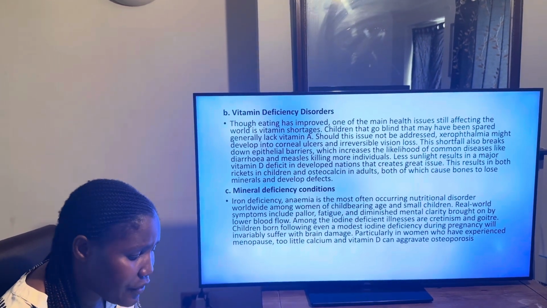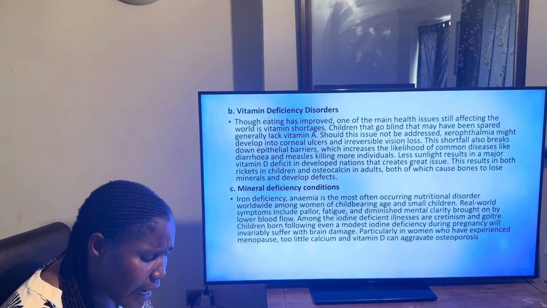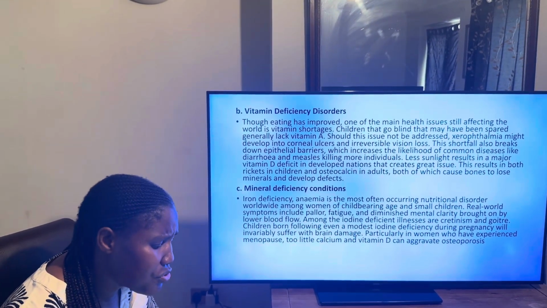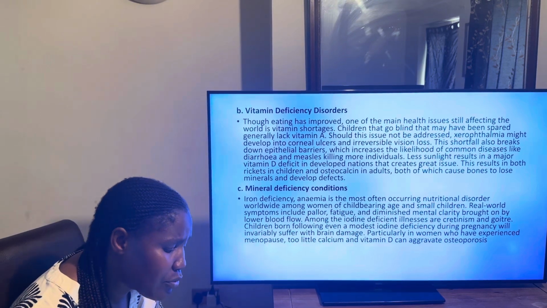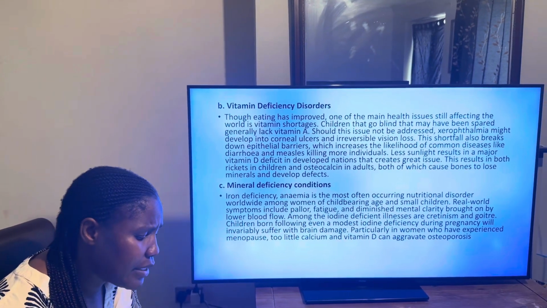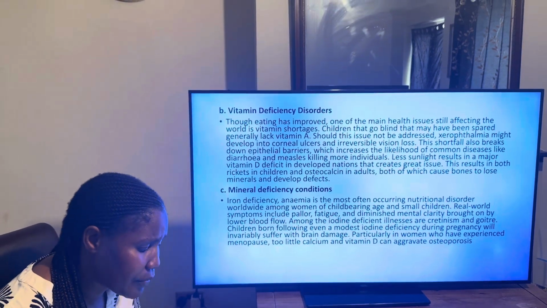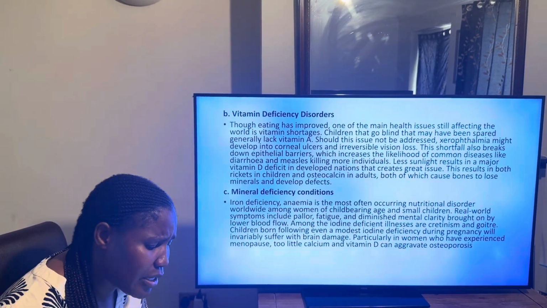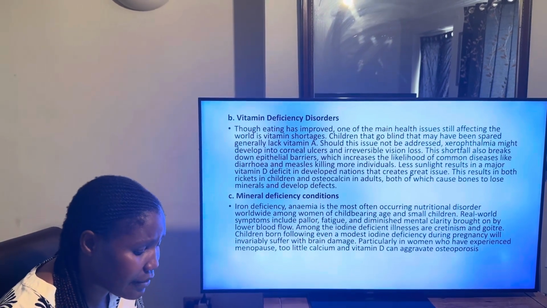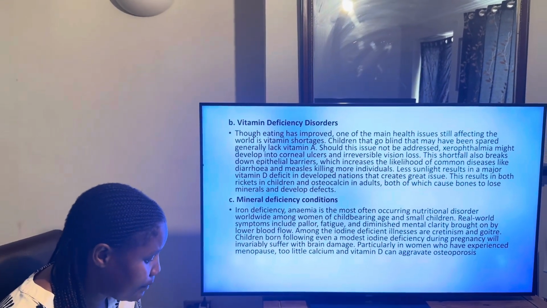Among the iodine deficiency illnesses are cretinism and goiter. Children born following even a modest iodine deficiency during pregnancy will invariably suffer brain damage, particularly in women who have experienced menopause. Too little calcium and vitamin D can aggravate osteoporosis.